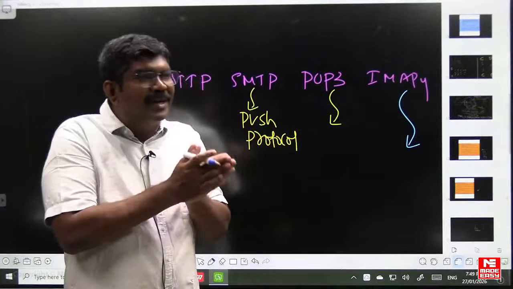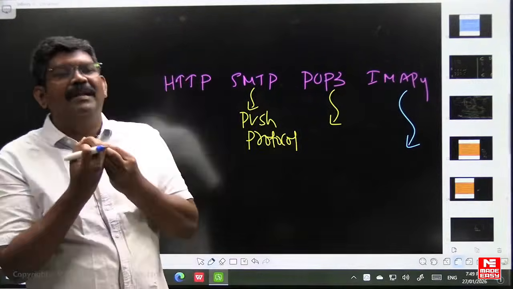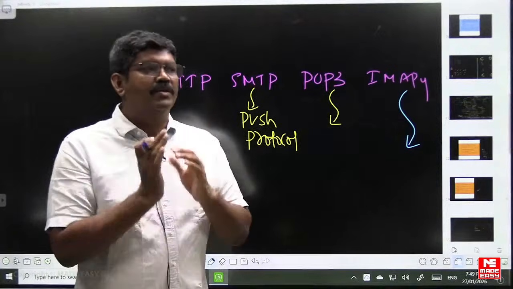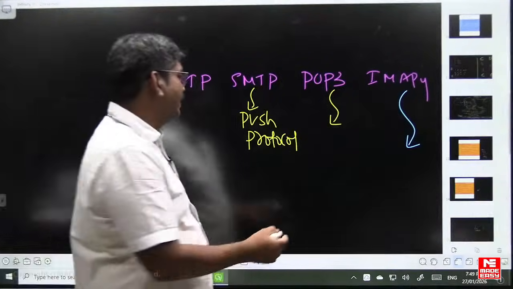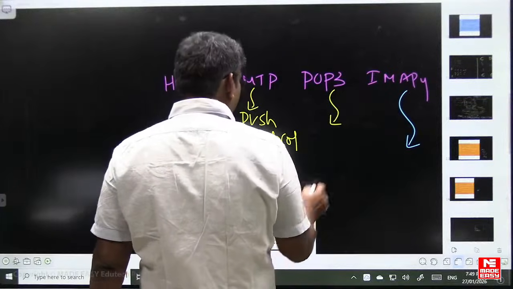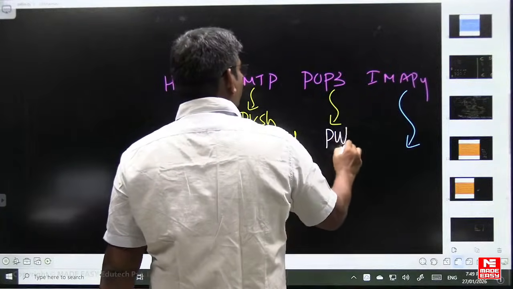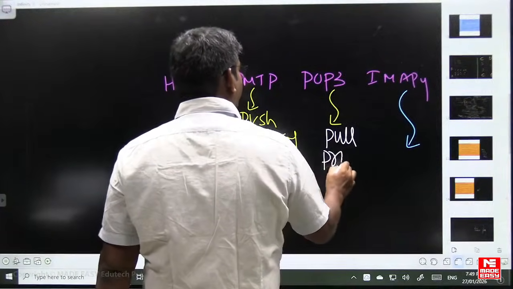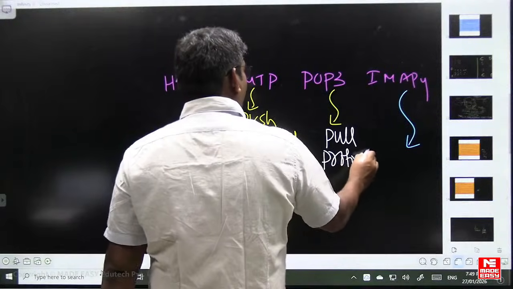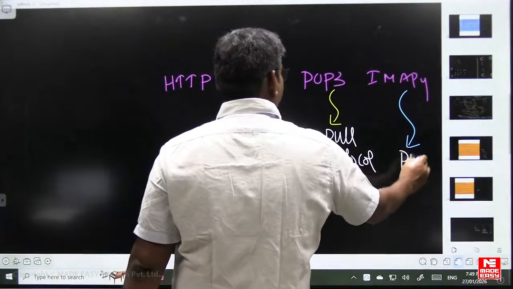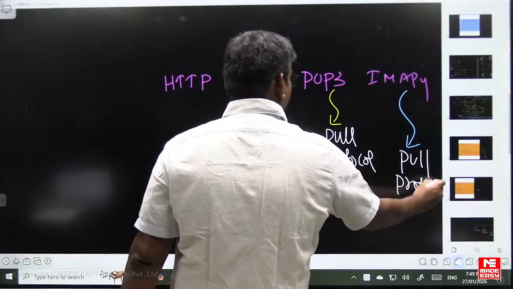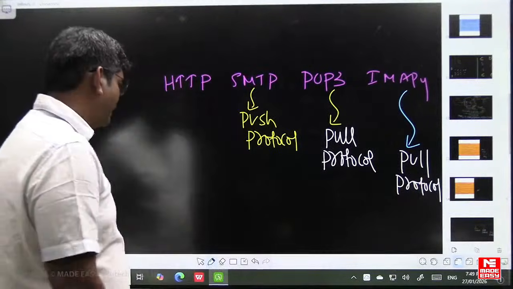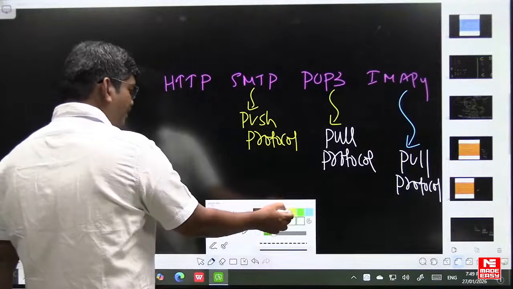The Bob client is retrieving the mail from Bob's mail server. So, are you pushing or pulling? Pulling, you can say. From the concept only you have to remember that it is a pull protocol. And what about IMAP4? This is also a pull protocol, you can say. See, all concepts are clear now. Okay, like this.